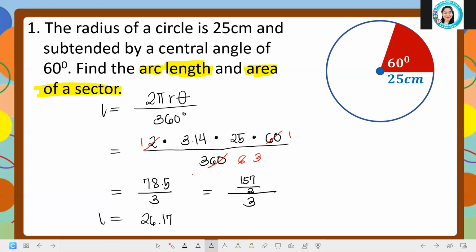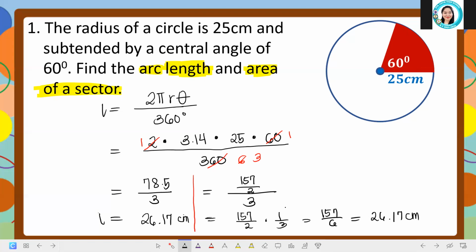Okay? So, pwede din, sabi ko nga sa inyo, ito yung gawin ninyo, kasi baka ito yung lumabas sa calculator nyo. So, that means 157 over 2 times 1/3. So, that gives us 157 over 6, which is also equal to 26.17. So, dahil cm yung measure dito, we can write it here, 26.17 cm.